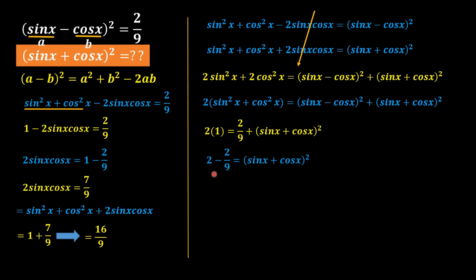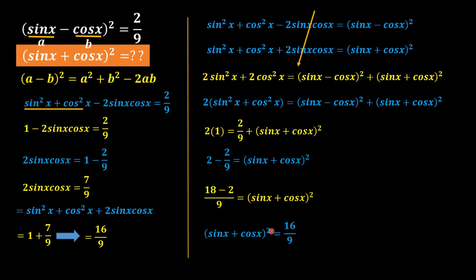Now we simplify by taking LCM: multiplying 9 by 2 we get 18, and minus 2 remains the same, over 9 remains the same. Now 18 minus 2 is equal to 16, over 9, and this is the answer for the second method for the expression (sin x plus cos x) whole square.